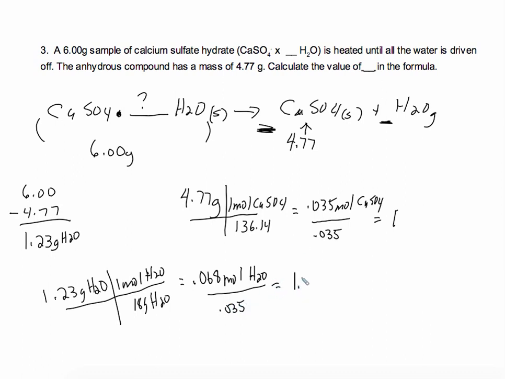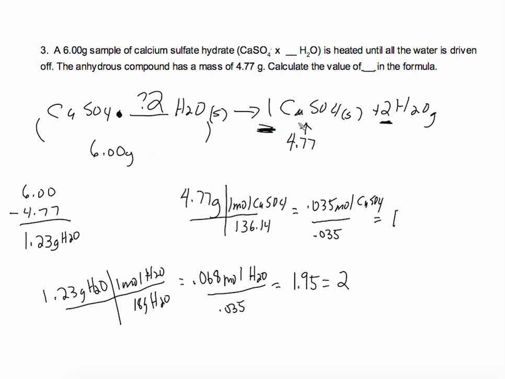In this case, it is about 1.95, which basically rounds to 2. So this is a ratio of 1 to 2. Now, because we know this side, we can put the 2 in right here for the water. So the formula for the hydrate is 2 water molecules in 1 formula unit of calcium sulfate.